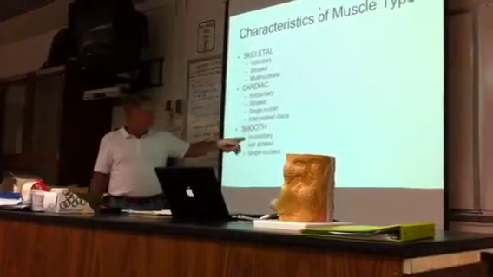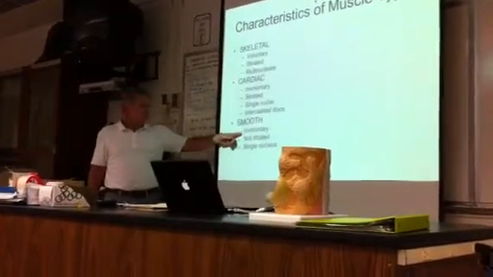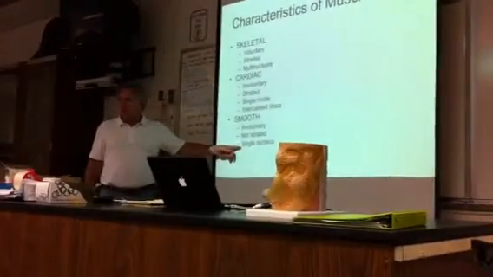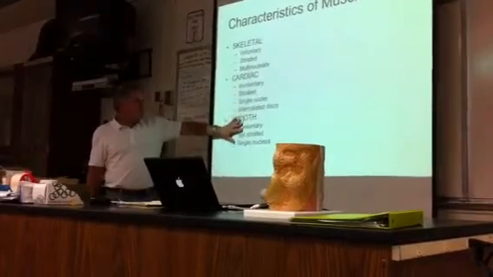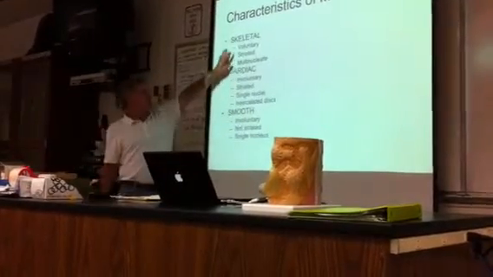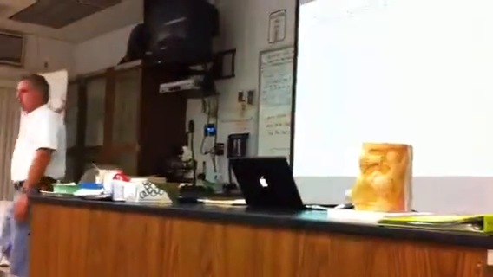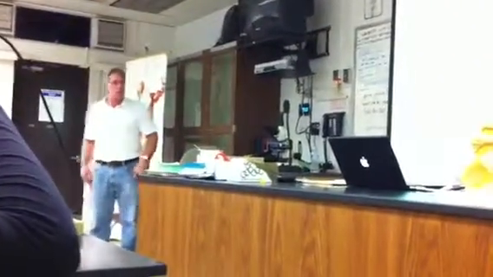Smooth muscle is involuntary, with no visible striations and a single nucleus. So you can see that these two do have certain things in common, and skeletal muscle is the one that stands out because it's the one under our conscious control. Those are the characteristics of the three kinds of muscle.